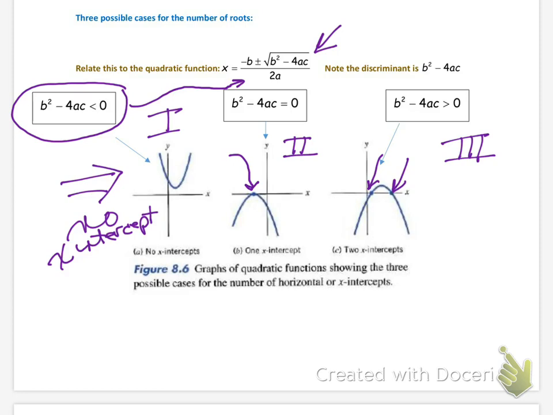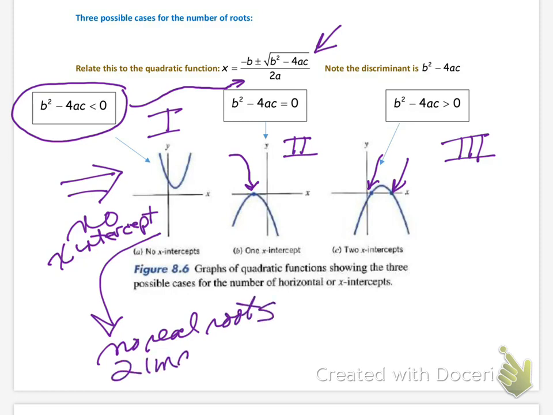So in terms of roots, you always have to have 2 roots because it's a quadratic. So, that seems odd. In this situation, I don't see any roots, but you have no real roots, so that's what you can see, but you do have 2 imaginary roots.